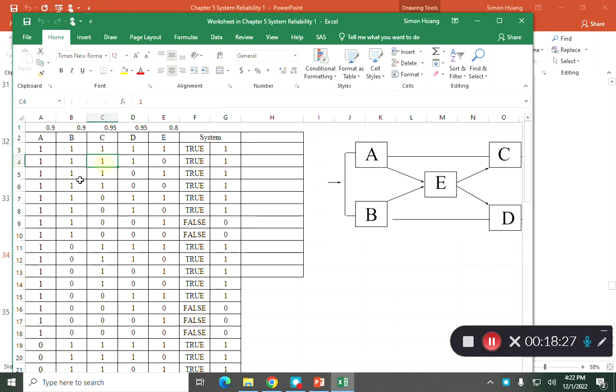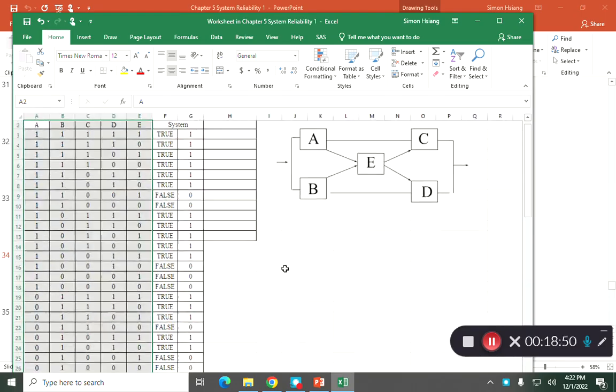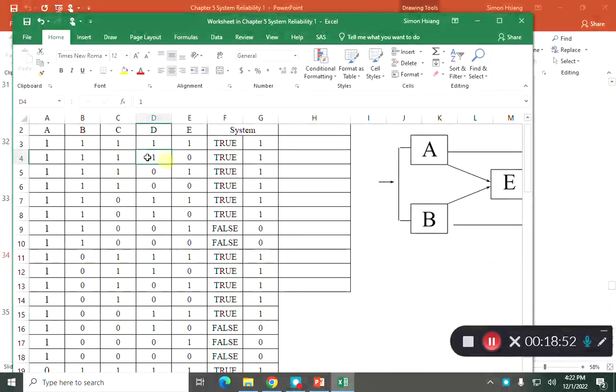First, this is an experimental design, 2 by 2 by 2 to the fifth. So totally how many combinations? 32, right? A fail, B fail, C fail, D fail, E fail, A success, B success, C success. So this is a binary code of 32.